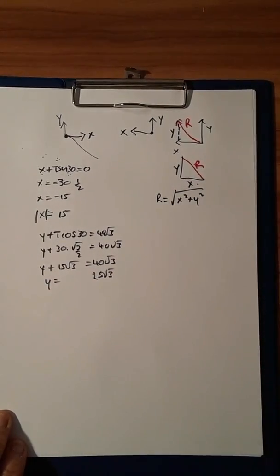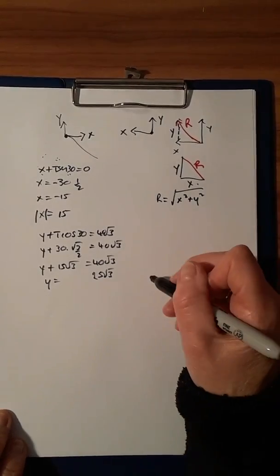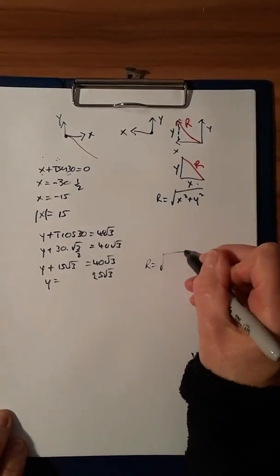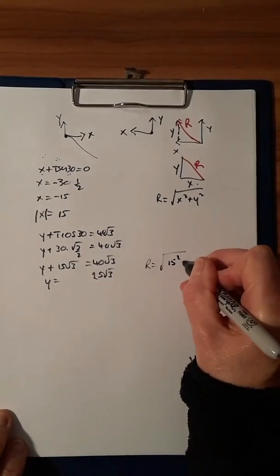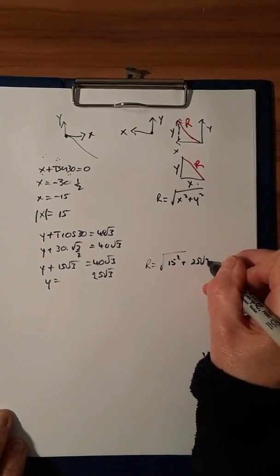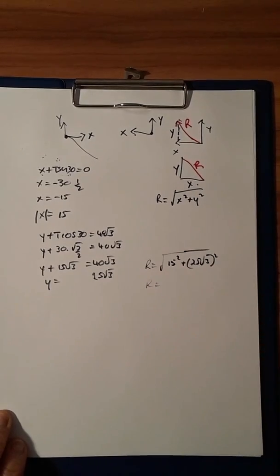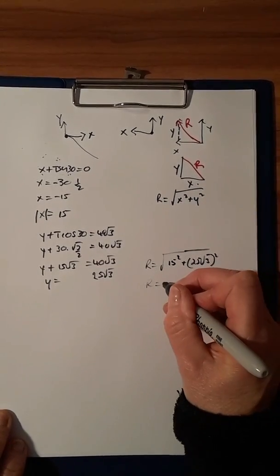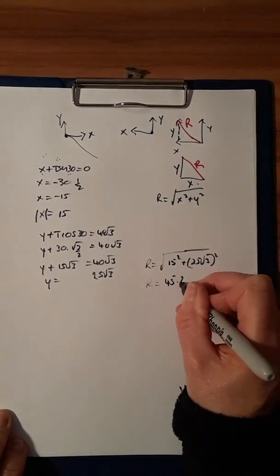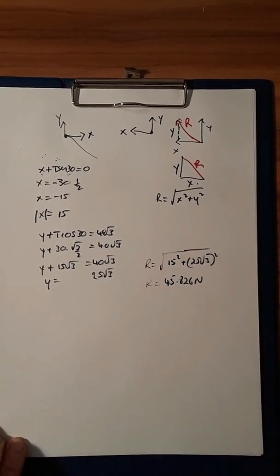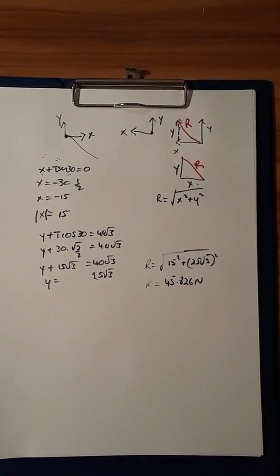So now I have X and Y. That means my resultant is the square root of 15 squared plus 25 root 3, all squared. And when I pop that into the calculator, I get a resultant of 45.826 newtons.